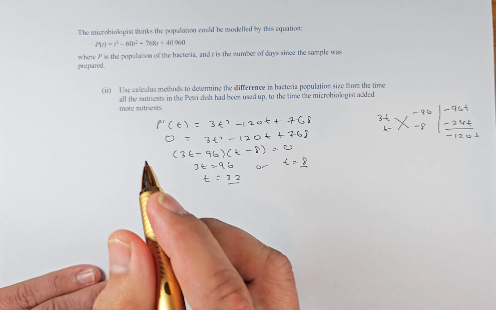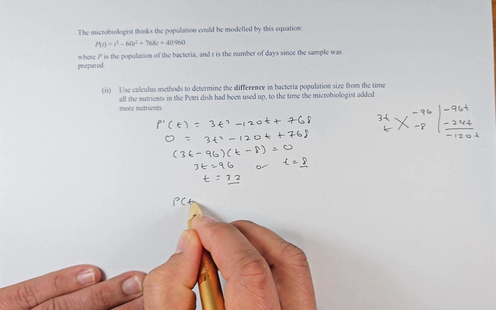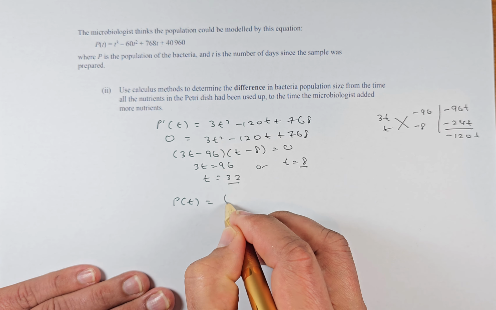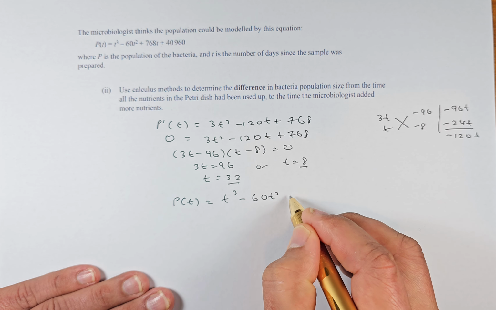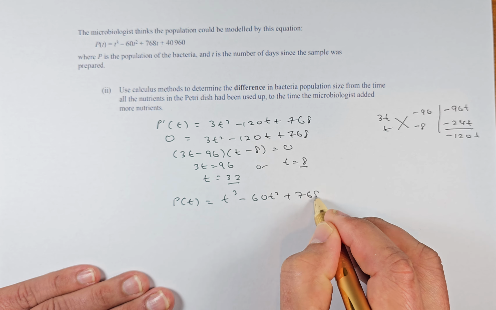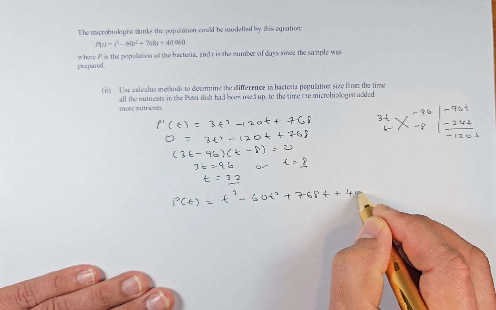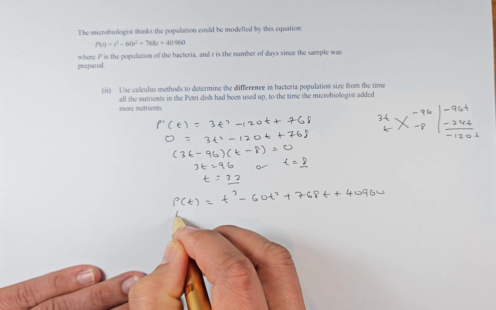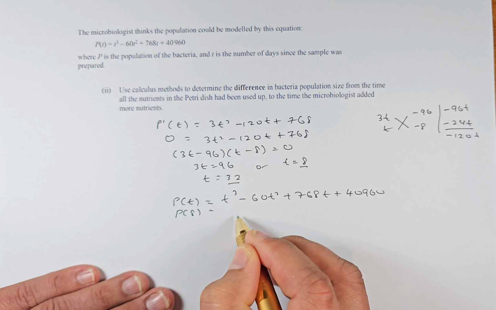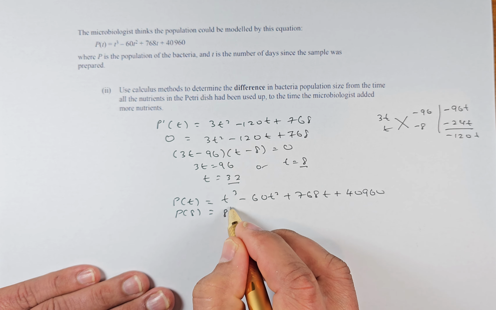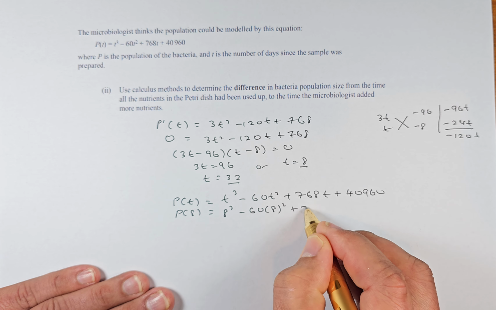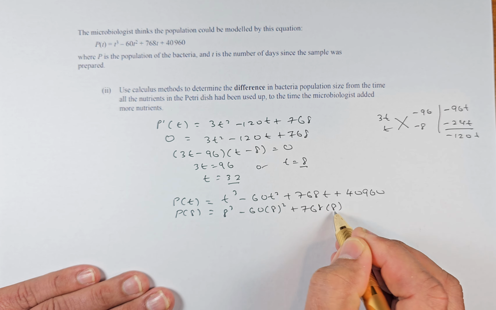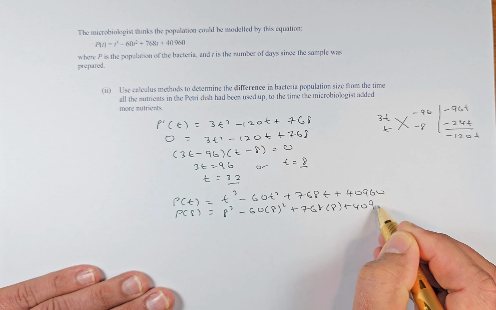So to calculate the bacteria, we're going to put P(t), which equals t cubed minus 60t squared plus 768t plus 40,960. So when t equals 8, we're just going to substitute 8 cubed minus 60(8 squared) plus 768 times 8 plus 40,960.